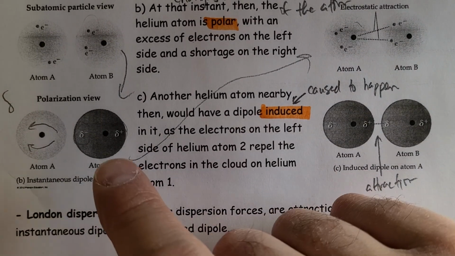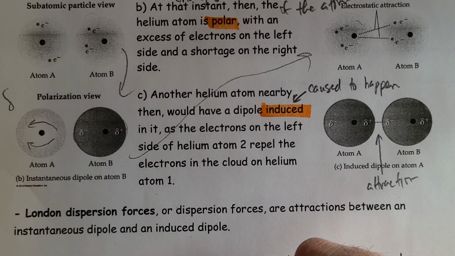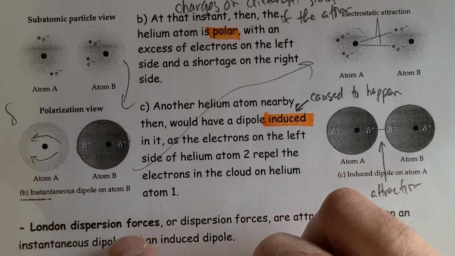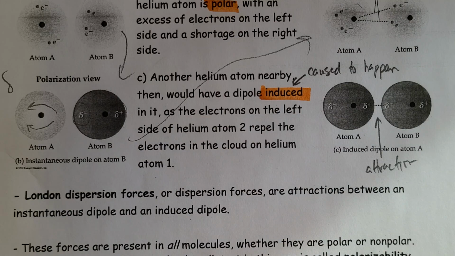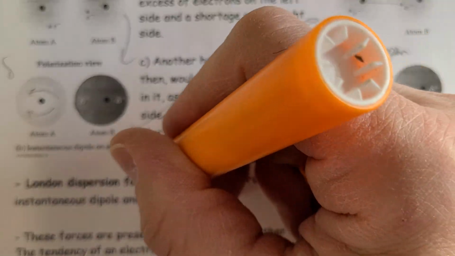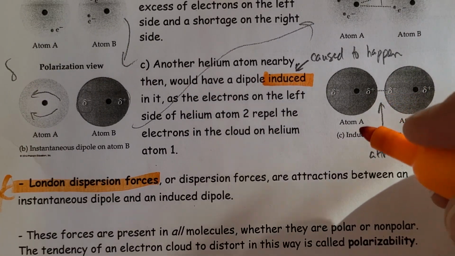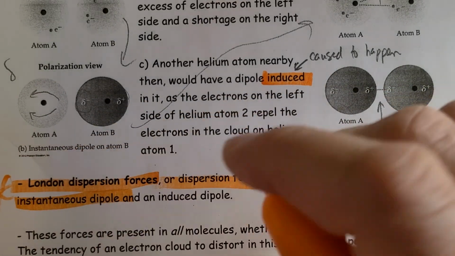So one molecule or atom becomes a temporary dipole, temporarily polar because of random electron movement, and then it causes other nearby atoms or molecules to become induced dipoles. So of course they attract. So London dispersion forces, put a star right here, or dispersion forces are attractions between an instantaneous dipole.